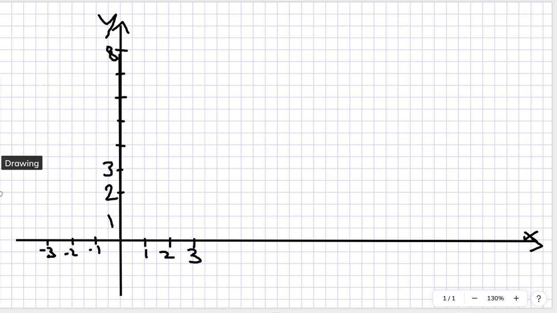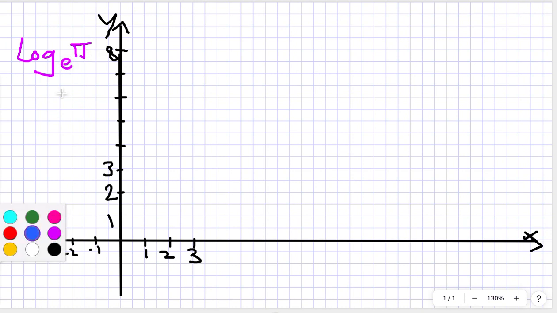So we have log of pi base e. And so let's start with the e. So this is going to be y equals e to the x.